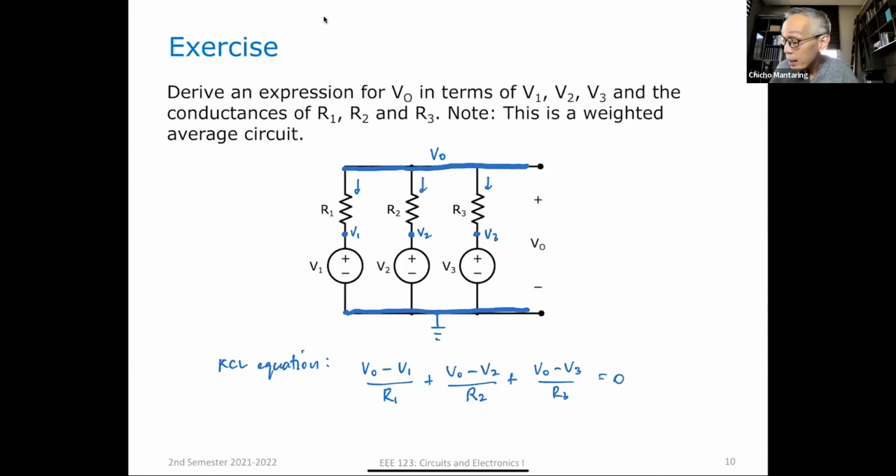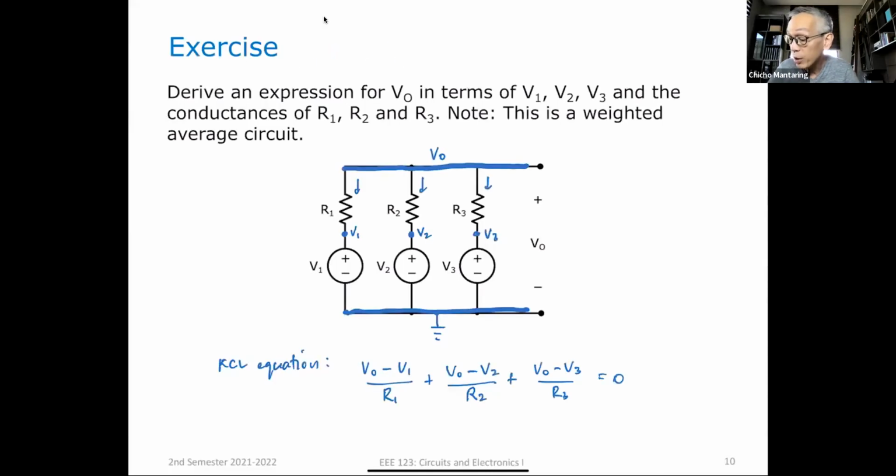Okay, so let me simplify this further. Okay, I'm going to have V sub O multiplied by 1 over R1 plus 1 over R2 plus 1 over R3.